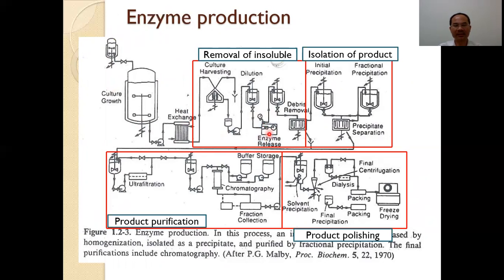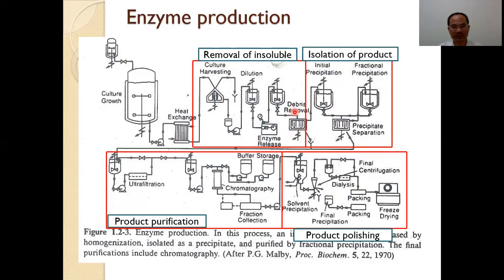For this case, we remove the enzyme by disruption. After you disrupt by adding solvent, the enzyme is released, and then you can remove the solid cell debris. You get only the liquid. In the liquid, there are some solutes dissolved.